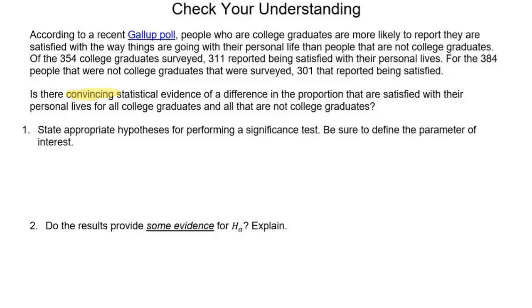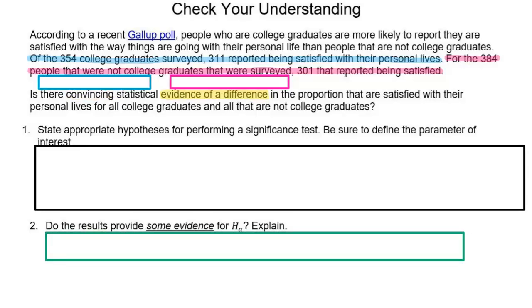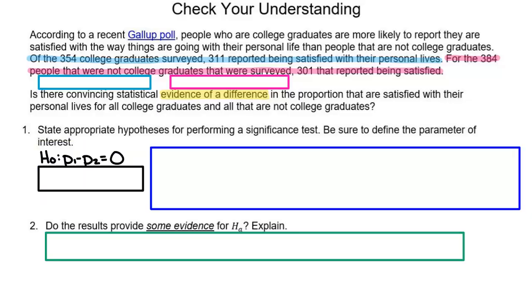I said a moment ago that the Ho, when we're looking at a difference, is always what? P1 minus P2 equals 0. When we're looking at a difference, it's always equal to 0 because that would mean there is no difference. So there's my Ho. What should the Ha be?